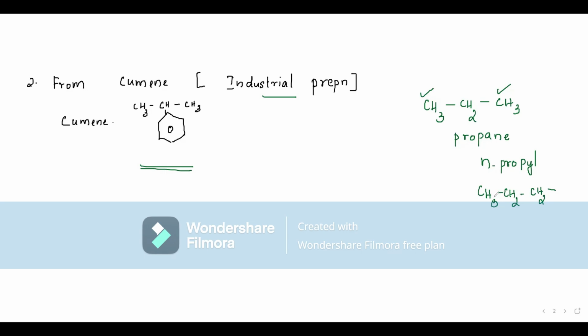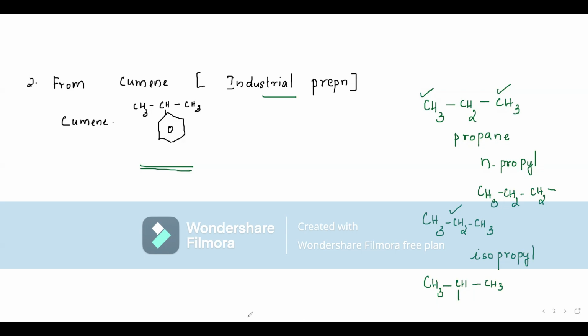This is a normal propyl. But from the same propane, if you remove hydrogen from the middle carbon, you will get an isopropyl group. And isopropyl is CH3, CH, CH3 with a bond here on the middle carbon.